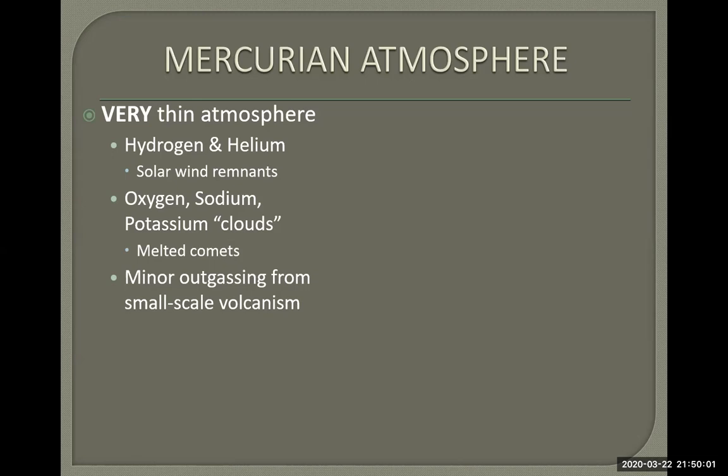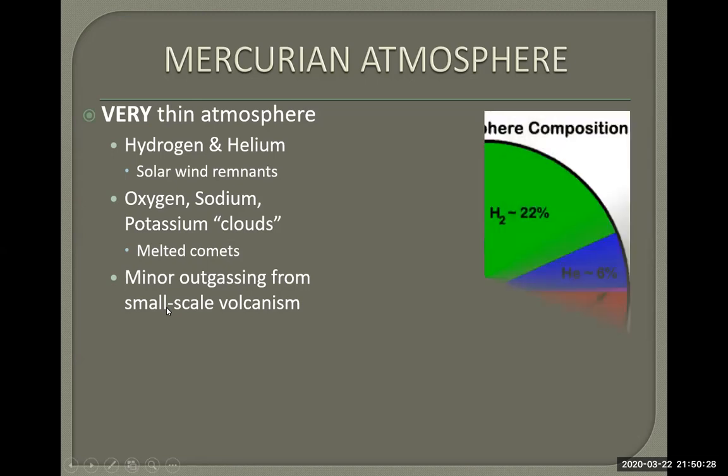The same thing happens for Mercury as well. It doesn't get hit by meteors or comets very often anymore, but when it does happen, that material can vaporize and form a very, very thin layer of the exosphere. And this idea of outgassing from volcanic eruptions, you have things like sulfur dioxide, carbon dioxide, and a few other gases as well. But it turns out that, again, it's very, very minor in this case.